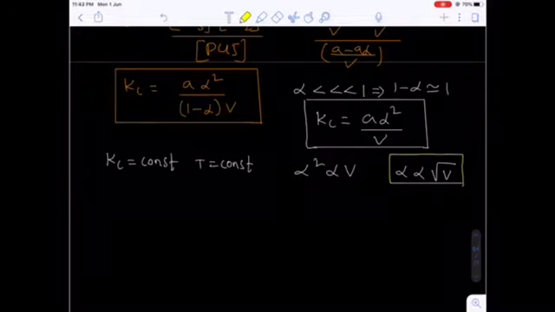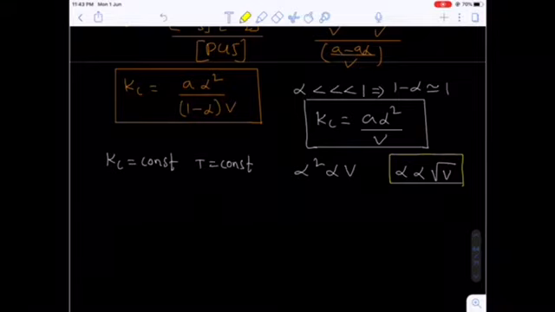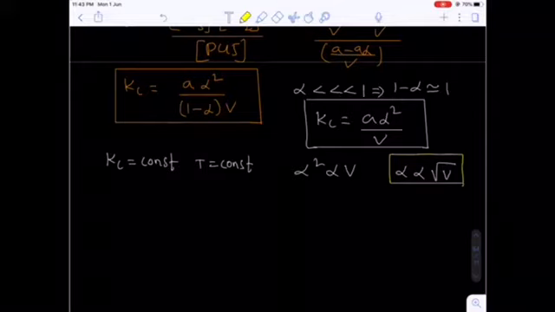Okay, now here in this formula, if you carefully observe, the Kc expression has a volume term in the denominator.